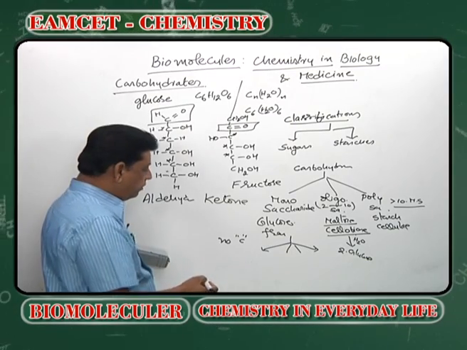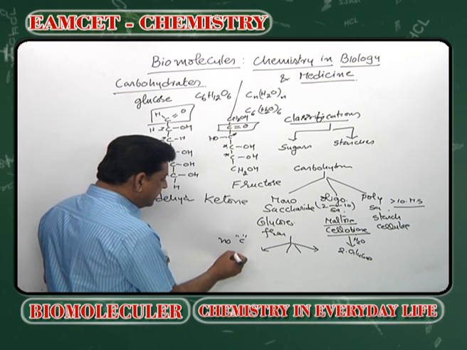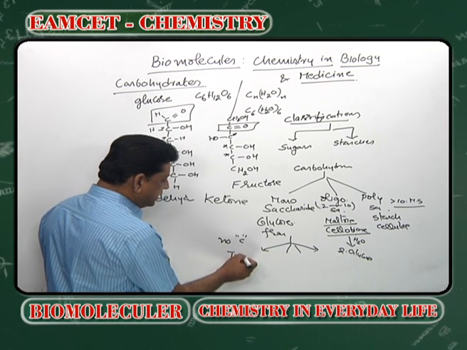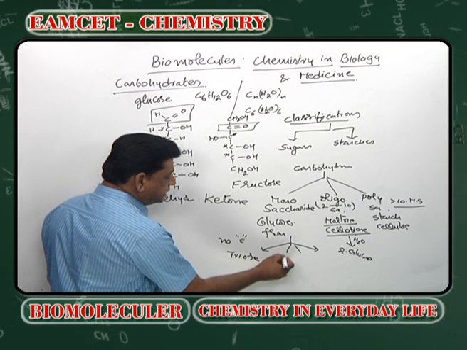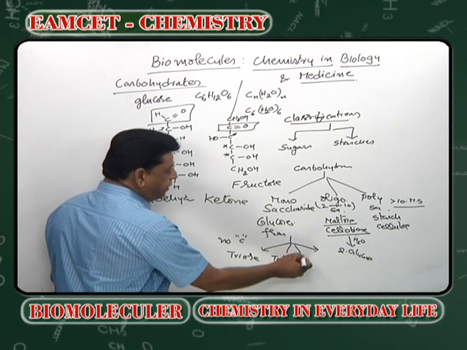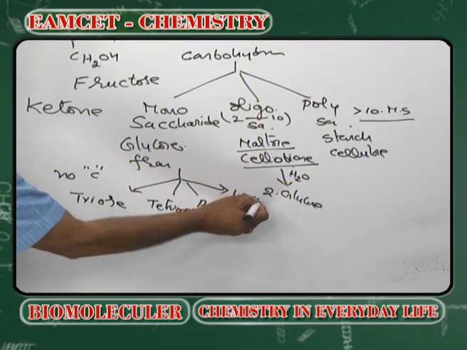The smallest carbohydrate has 3 carbons and is known as triose, 4 carbons is tetrose, then pentose and hexose.